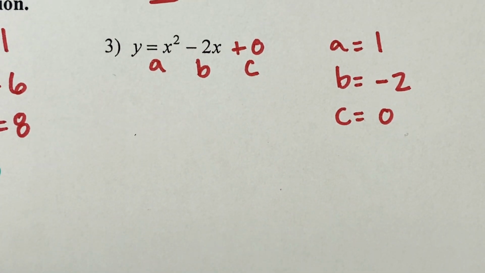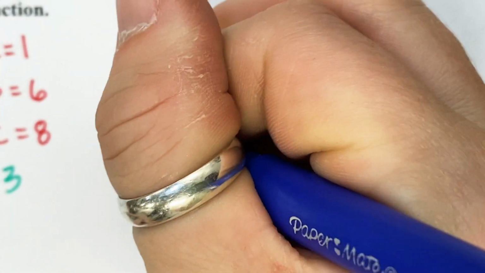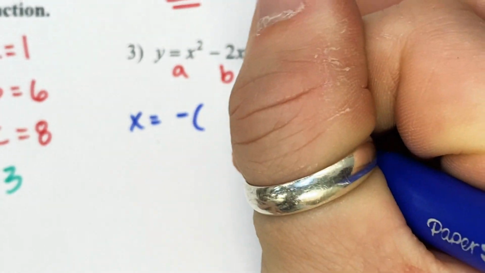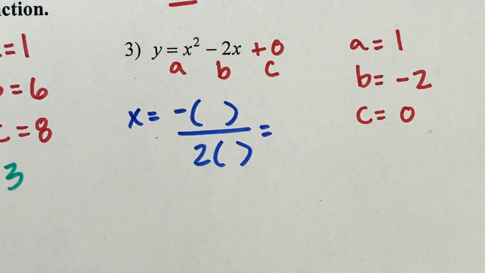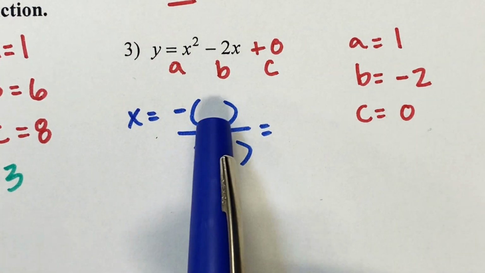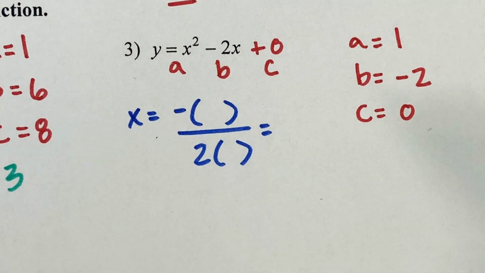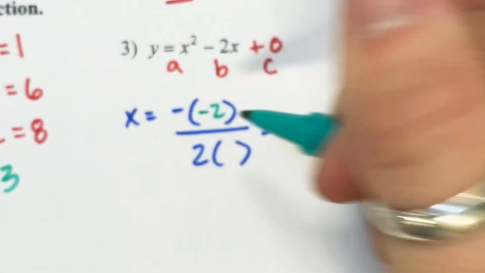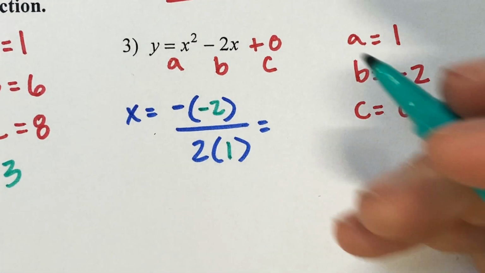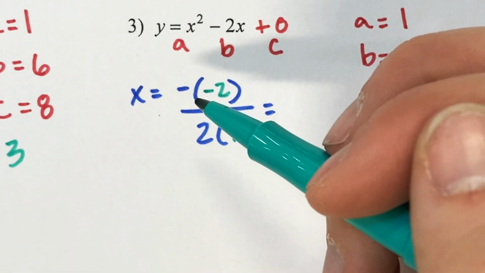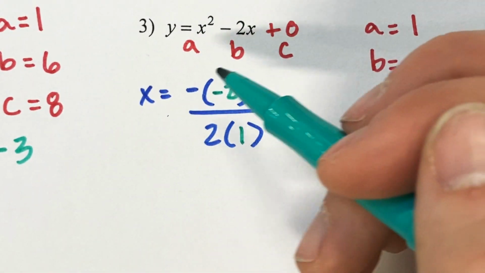Okay, so let's plug it into our baby formula first. So we have x is equal to negative b over 2 times a. What do I need to plug in for b on top? Negative 2. 2 times 1, because my a is 1. Now let's solve. What happens when I have this double negative on top?